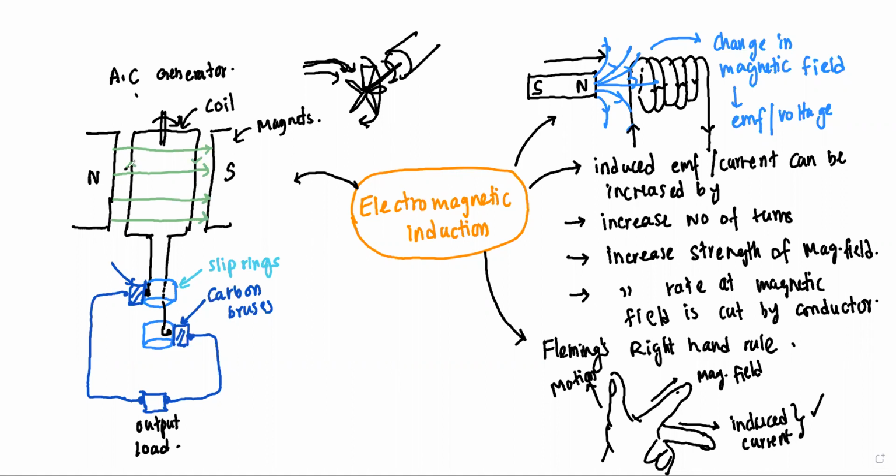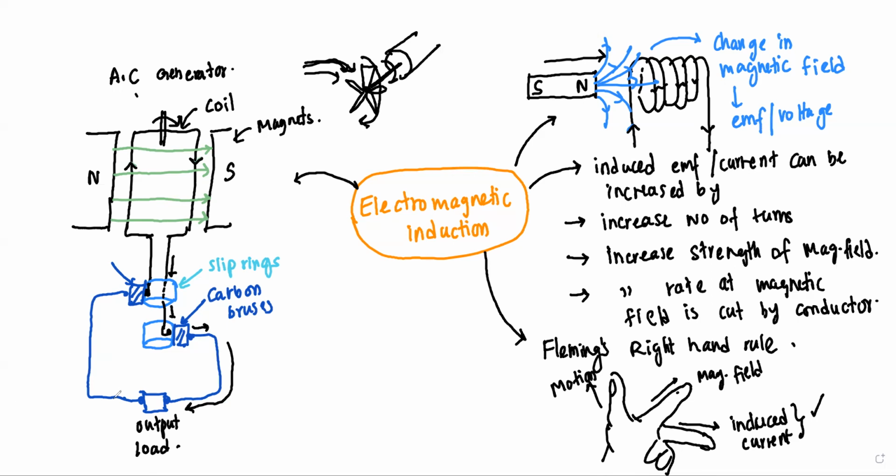This induced current and voltage, we simply bring out from the slip ring to the carbon brushes, and we provide them to the output so that we can bring out electricity. Right. This is basically how you generate electricity using an AC generator.